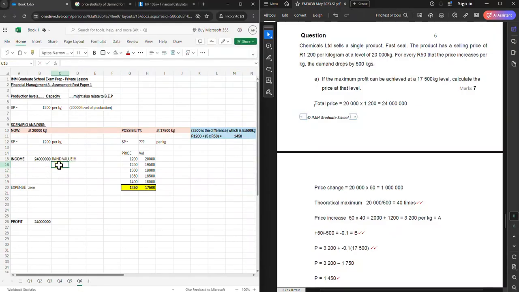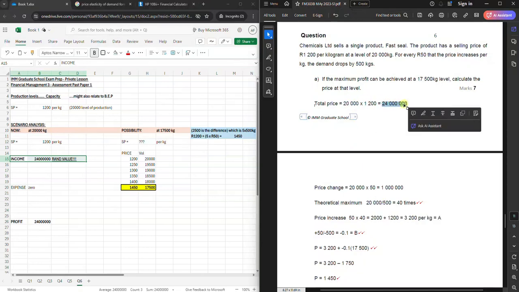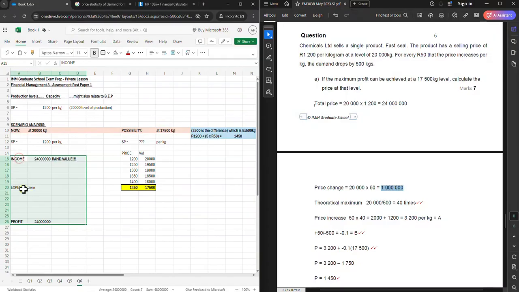They're using this rand value, which is the 20,000 units times this, which is the 24 million. And then the price change. See that? 20,000 units times 50 rand, which is a million. So they've just made the numbers very big. 24 million, 1 million. I stopped here because there was no expense, so I didn't need that.